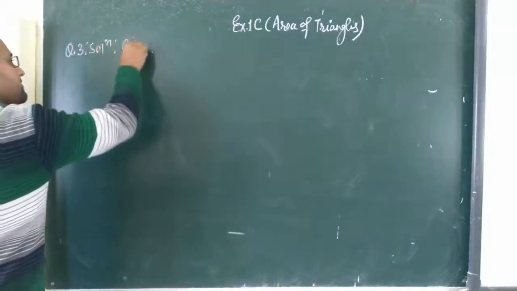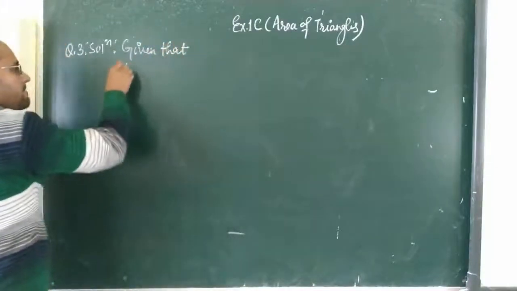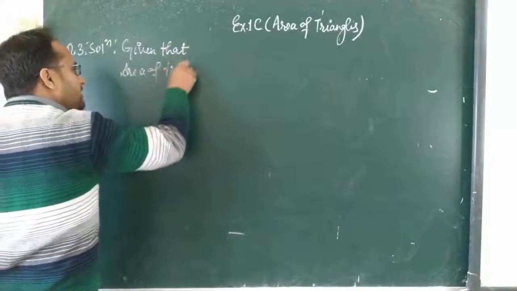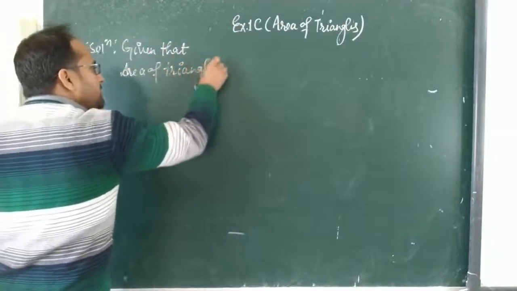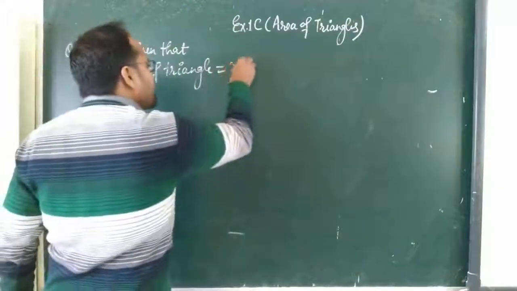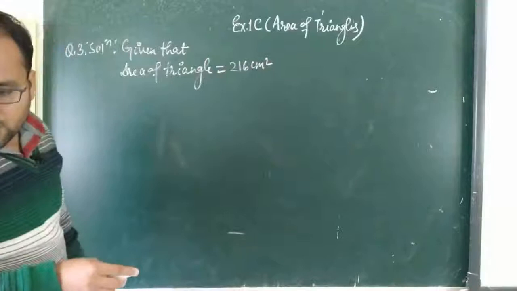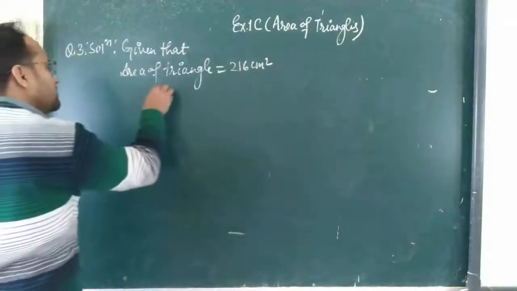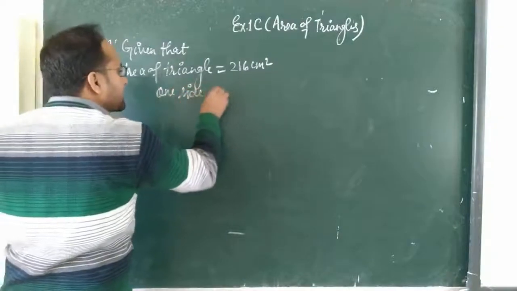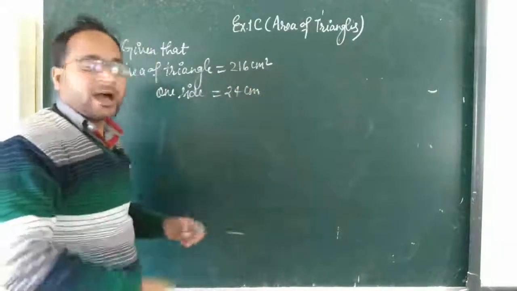Given that the area of the triangle is equal to 216 centimeter square, and one side is given as 24 centimeter, and it asks for the corresponding height.